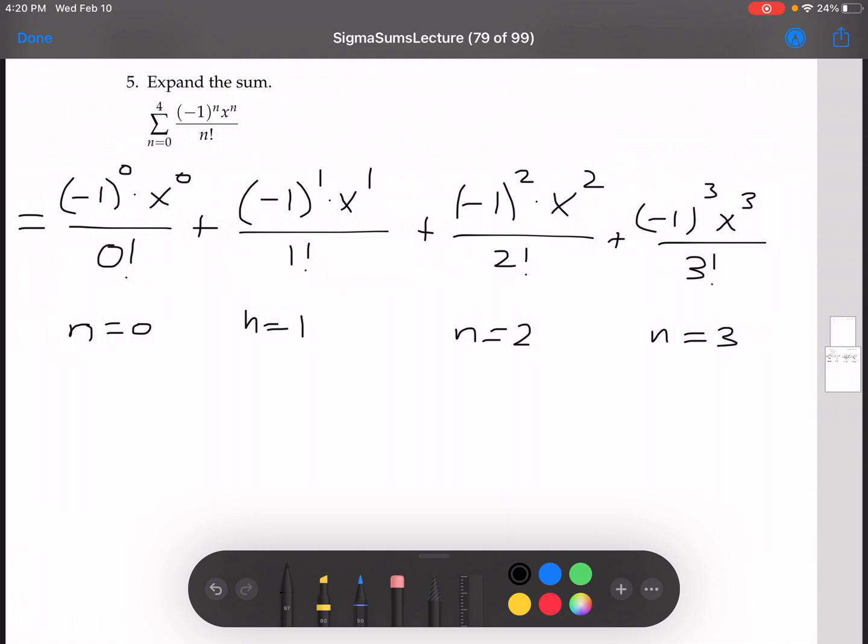And I'm running out of room, but I'll have enough room once we simplify things down. So this will be the n equals 4 term. You can think of this plus as just being right there, with this thing extending off the page.